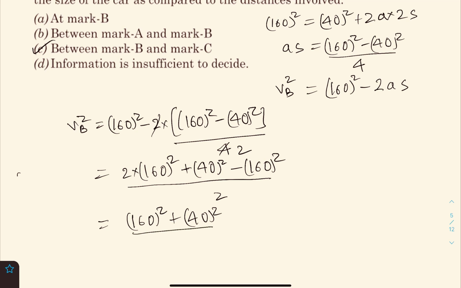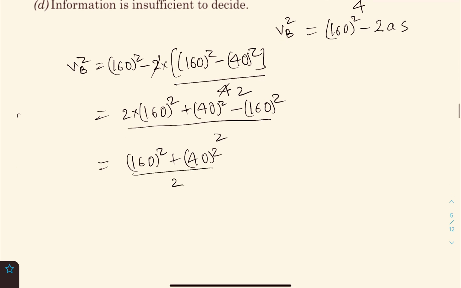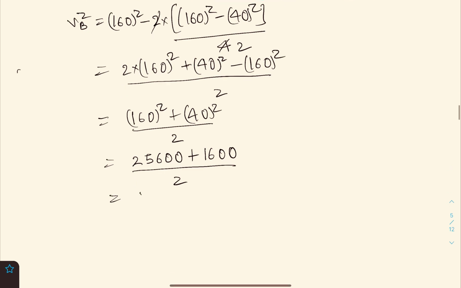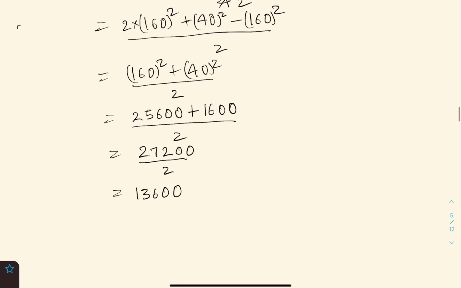Okay, so this is how much? 25600 plus 1600 divided by 2, which makes it 27200 divided by 2, which is 13600. That is VB square.